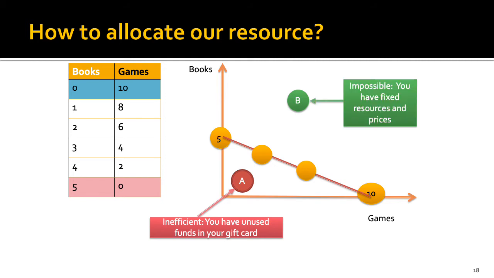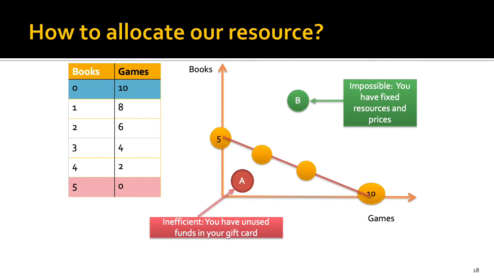What about a point like B? In this case, if our resources are fixed, then it's impossible to reach point B. Now, if I doubled the gift card for you, potentially you could reach point B, right? That would basically take your budget and move it up, until eventually you would get to point B. So we can think of this consumption possibility as your budget constraint. Now, what if I cut the prices in half?